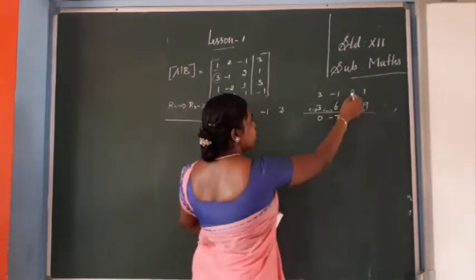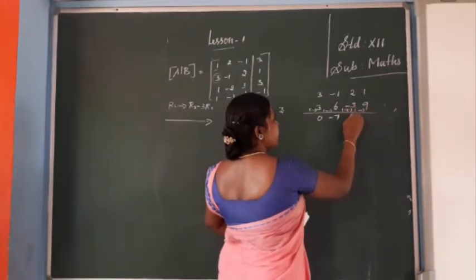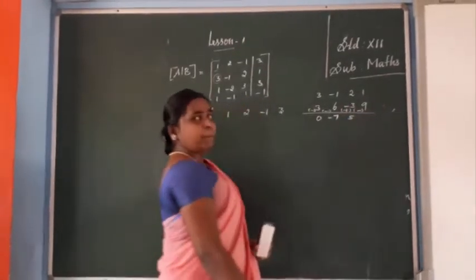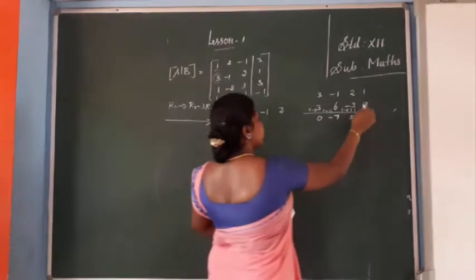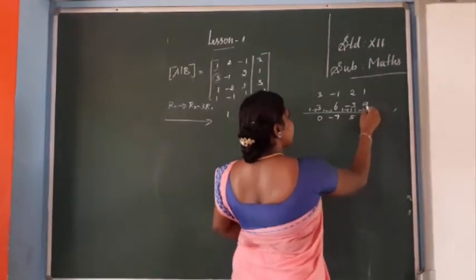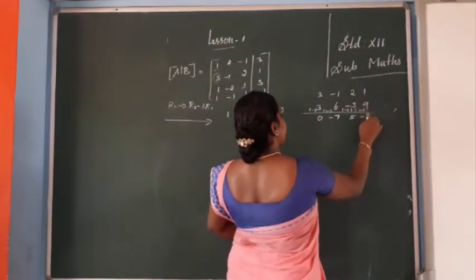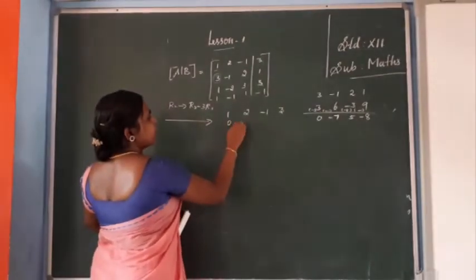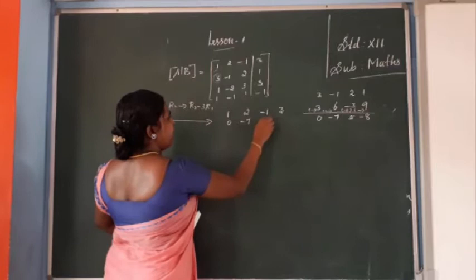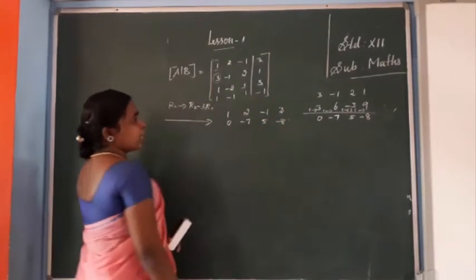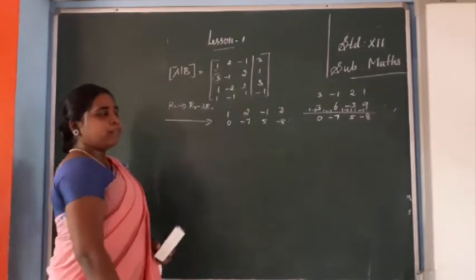Next, 2 plus 3 is 5. Last one, 1 minus 9; the greater is negative, so first put minus, then subtract 9 minus 1, that is 8. Second row completed: 0, minus 7, 5, minus 8. This is R2.